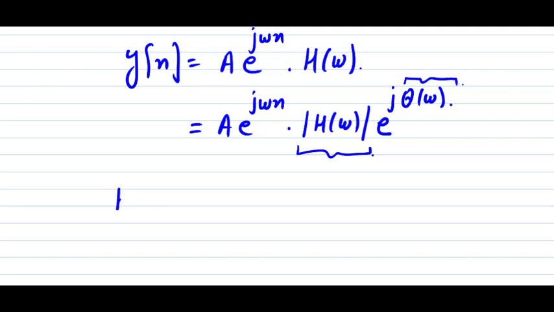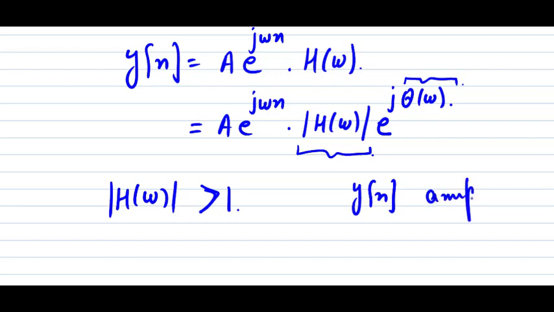Okay, if the magnitude of H of omega is greater than 1, it means that our output signal y of n will be an amplified version of the input signal, because it's greater than 1. So obviously y of n will be greater than the input, which is A e raised to the power j omega n, so it will be an amplified version of the input.